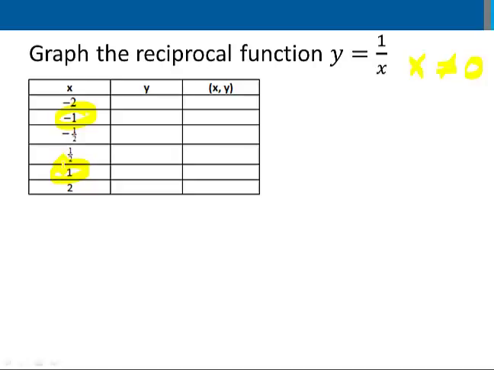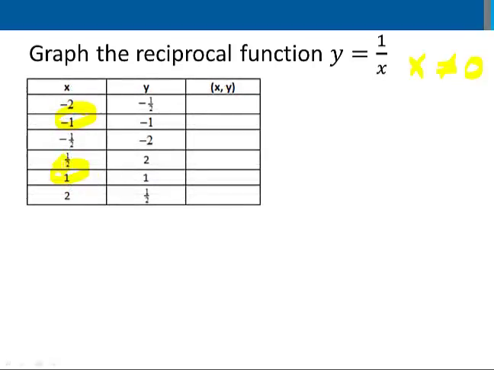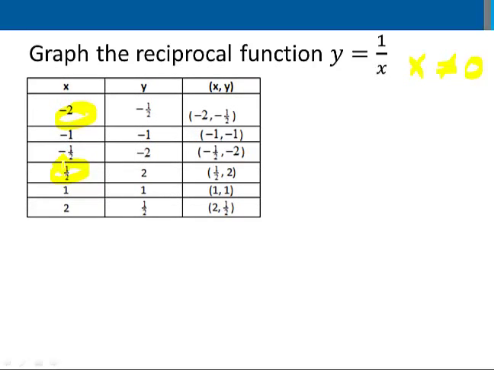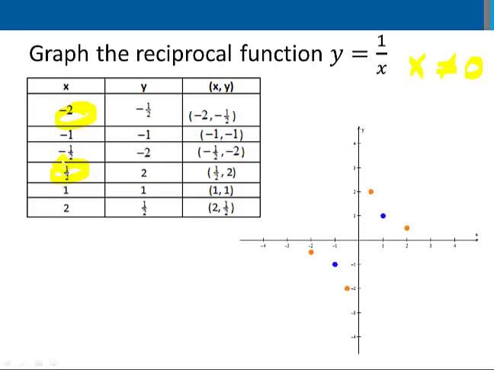The corresponding y values to negative 2 would be negative 1/2. We'll have (-2, -1/2), (-1, -1), (-1/2, -2), (1/2, 2), (1, 1), and (2, 1/2) as our ordered pairs. Plotting these 6 points, connecting with the two smooth curves in this case, will give us the graph of y equals 1 over x.